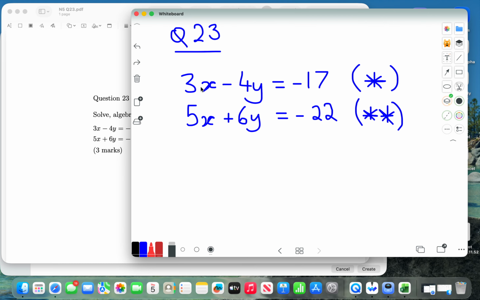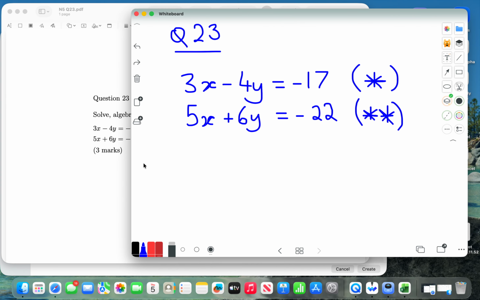They will matter later on, but we're just focusing on the number, not the sign. So you can either scale the x's to get the x's the same, or the y's. I'm going to do the y's because I would say it's a bit easier in this case, but you can do either or.